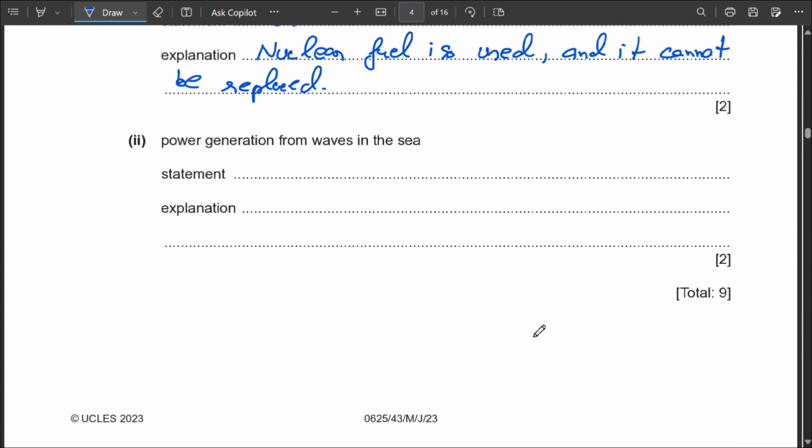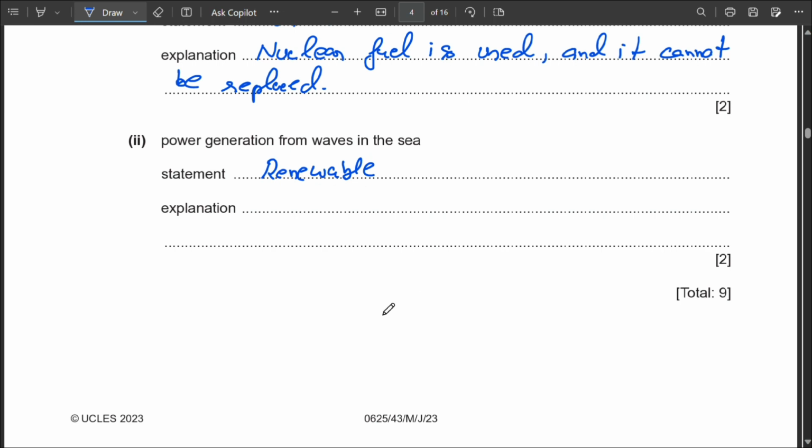Power generation from the waves in the sea. This statement is renewable, because first of all, the sea waves are not going to end. There will be sea waves for a very long time, for indefinite time, as long as the earth is there. So this is renewable energy.